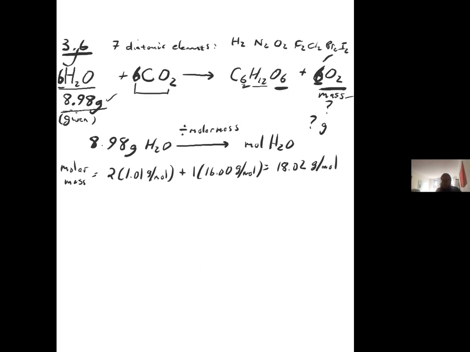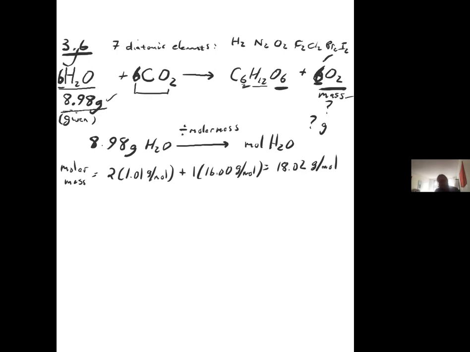Now, if I used 1.00794 and 15.9994 for oxygen, you'd get a slightly different number. It might come out to 18.016 or something like that, but I'm just going to use what many periodic tables use.